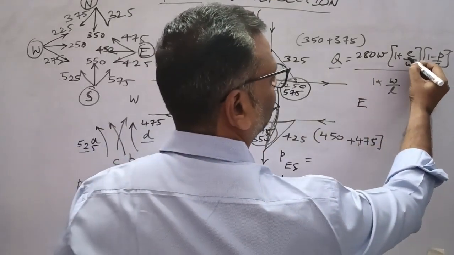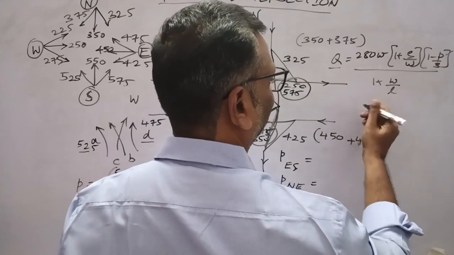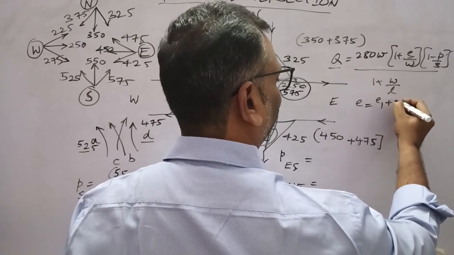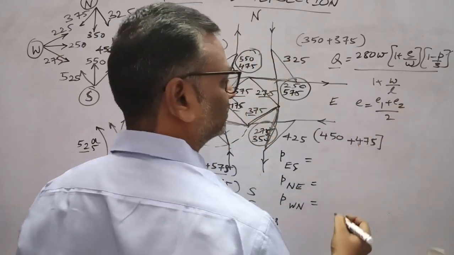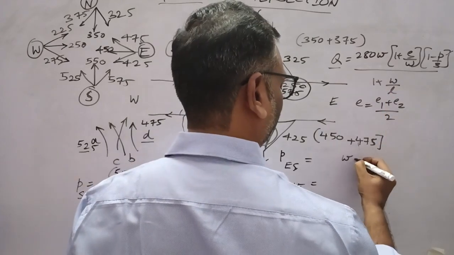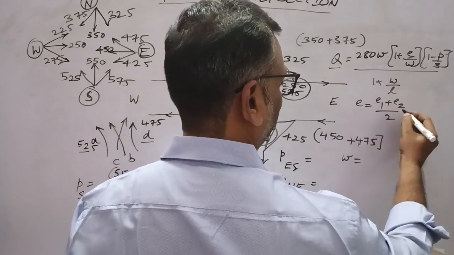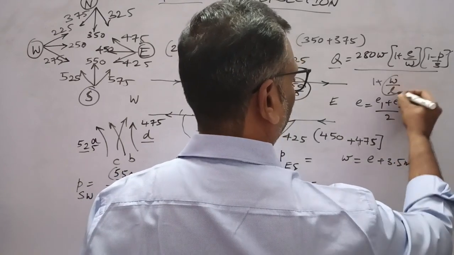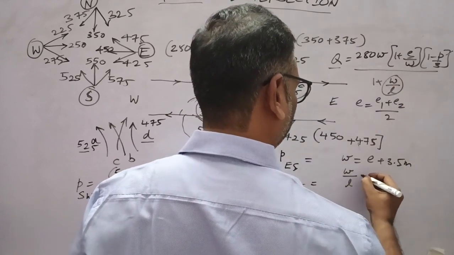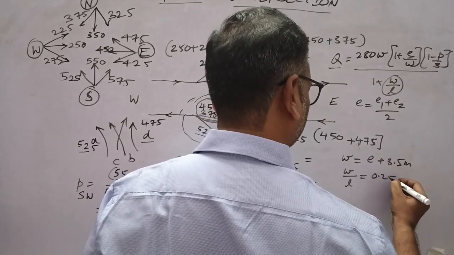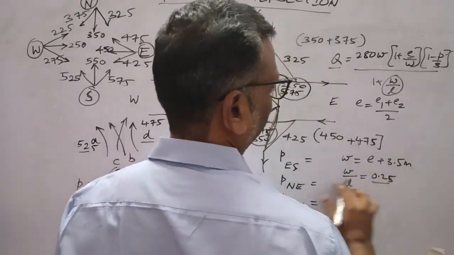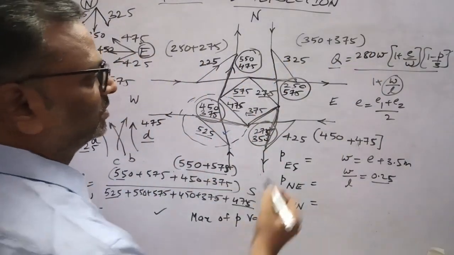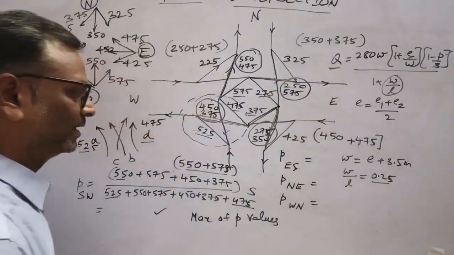So E, we know small e as average of entry width and exit width, and width of weaving section as, if it is not given, that is E plus 3.5 meter, and W by L, you can take it as 1 by 4, that is 0.25, and adopting all this data, you calculate capacity of this rotary.